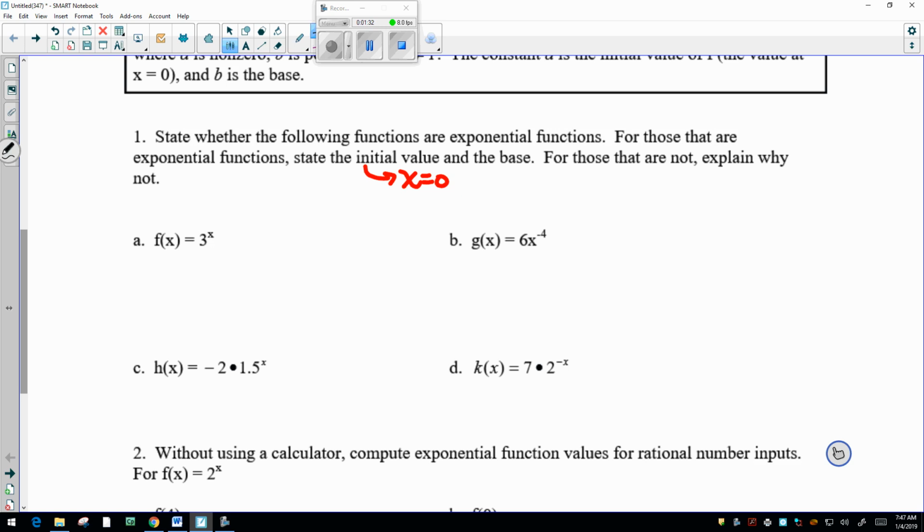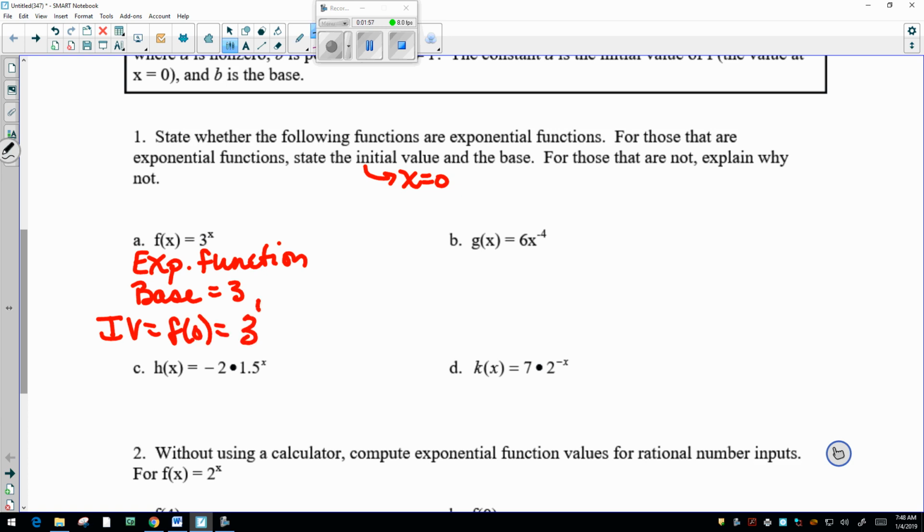So for this first one, for letter A, if I'm looking at 3 to the x, so my base is a constant, my exponent is a variable, so I can say yes, this is an exponential function. And we just said your base was going to be 3, that's your constant. Now your initial value is when you make x 0.